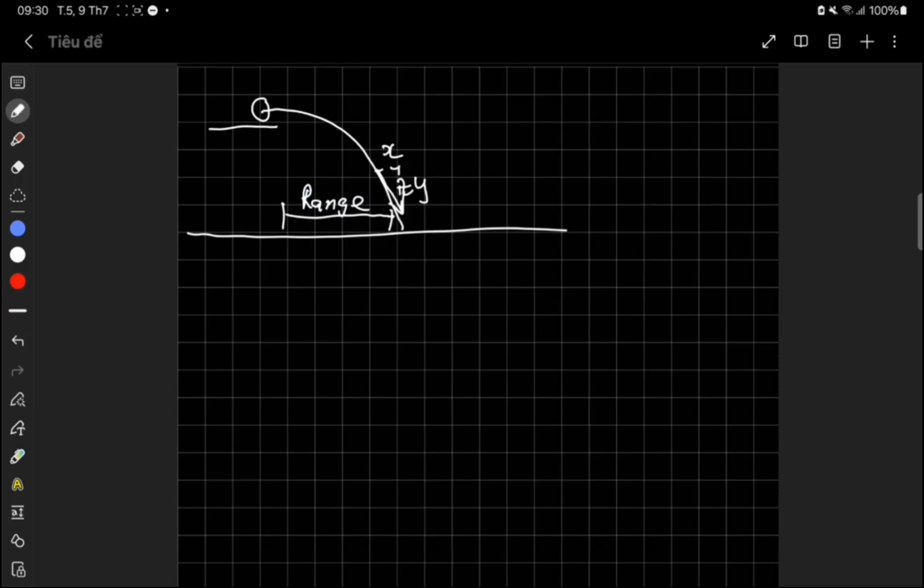Range. And in this motion, the velocity of x is also constant throughout the motion.